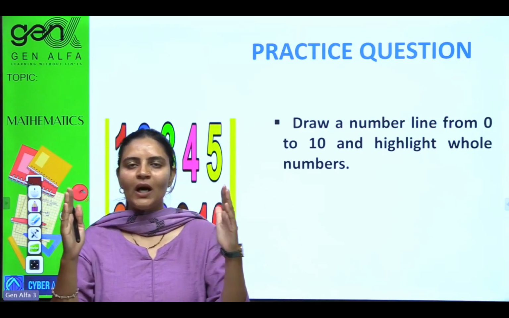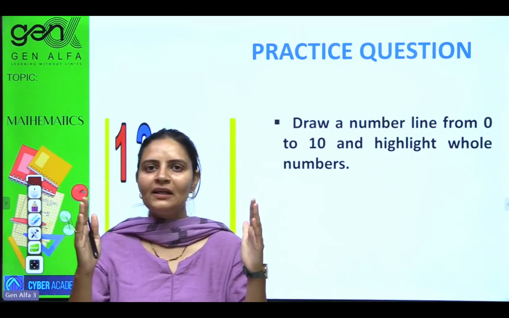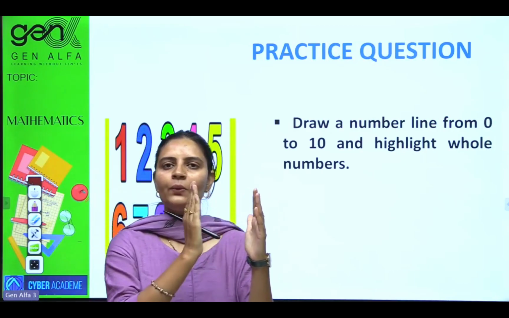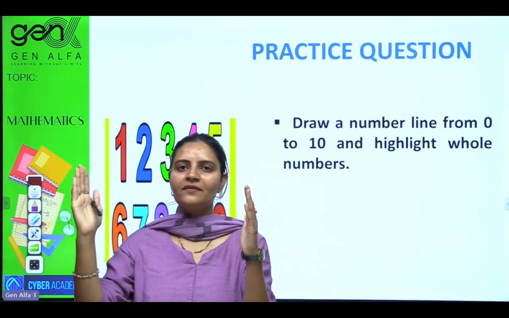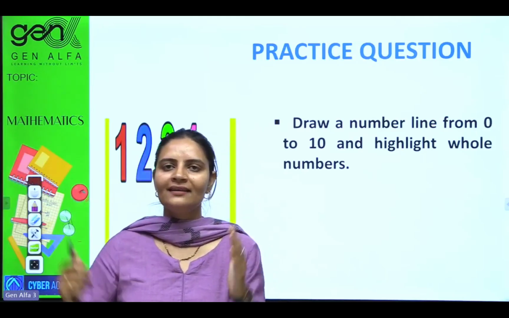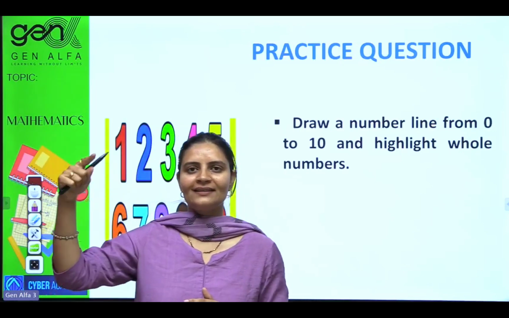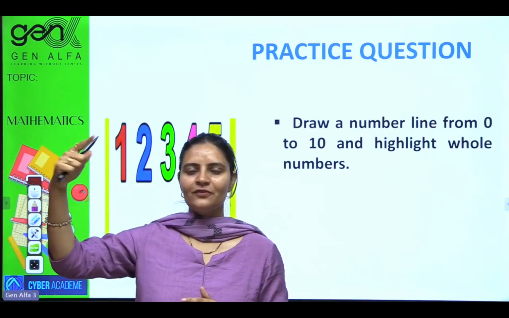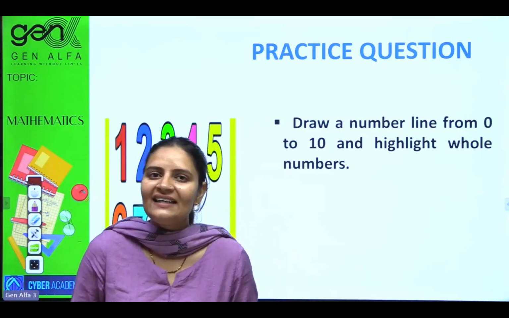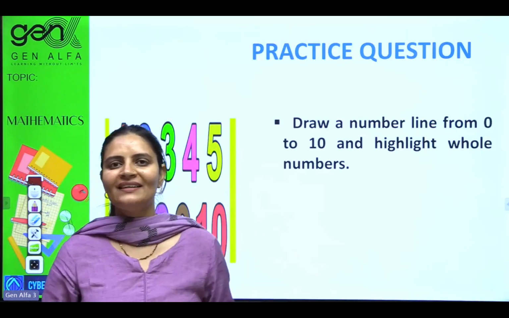Now it has become very simple. You just mark 0, 1, 2, 3, 4, 5, 6, 7, 8, 9, 10 on the number line and highlight the ticks. Yes, it's that easy to pick out the whole numbers.